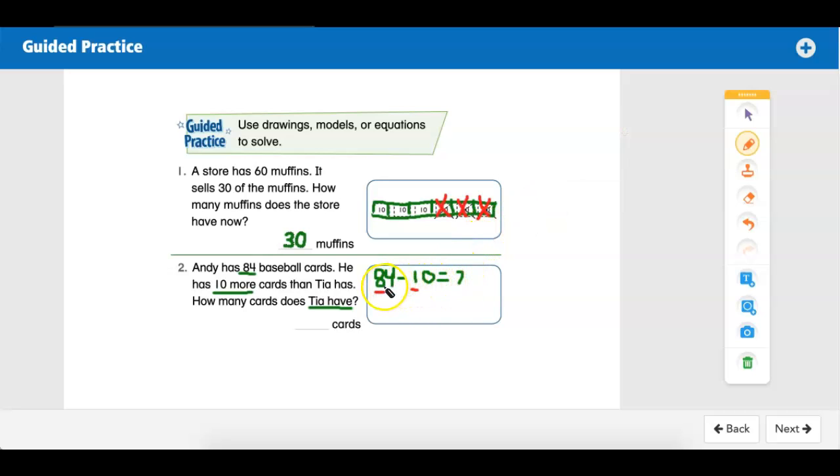I then know that 4 minus 0 is equal to 4. If Andy has 84 baseball cards and he has 10 more than Tia, 10 less would be 74. Tia has 74 cards in all. Remember, you can use any strategy that you would like to solve for those problems.